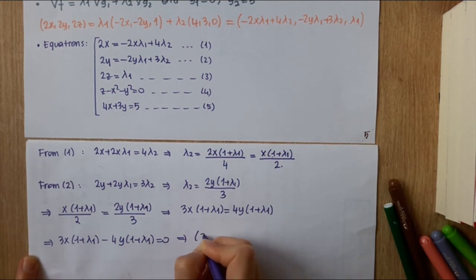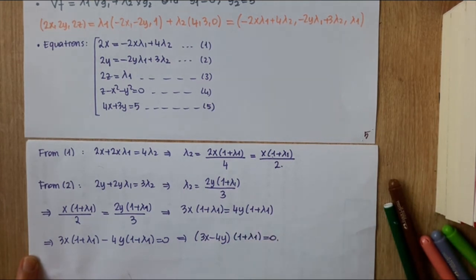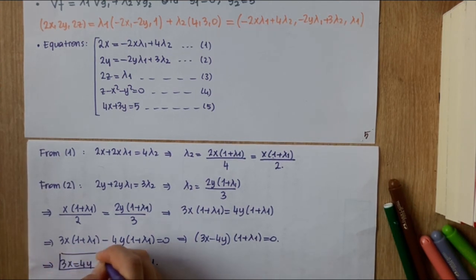So at the end I have 3x minus 4y times 1 plus lambda 1 is 0. So it says that 3x equals 4y or lambda 1 equals minus 1. We have two cases here.